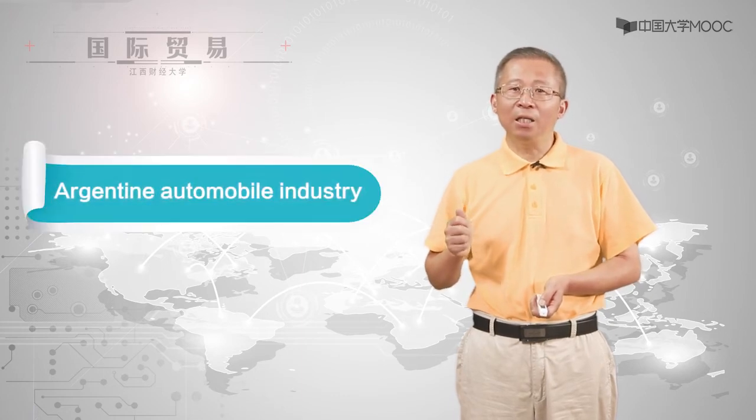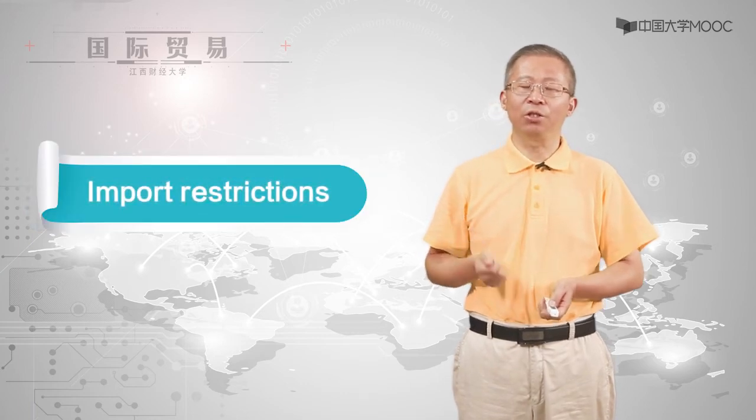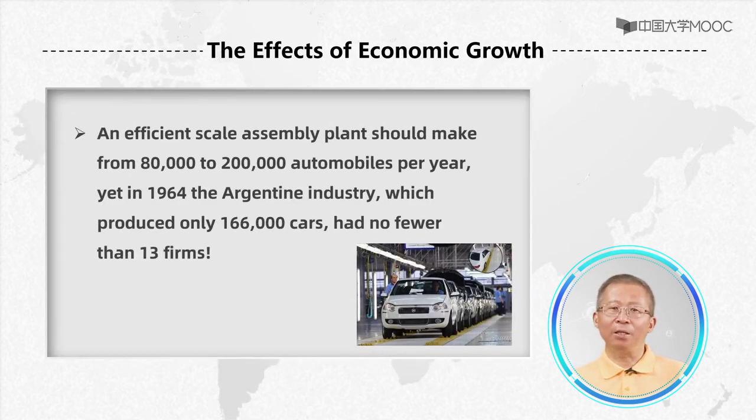A good example of how protection leads to inefficient scale is the case of the Argentine automobile industry, which emerged because of import restrictions. An efficient scale assembly plant should make from 80,000 to 200,000 automobiles per year.